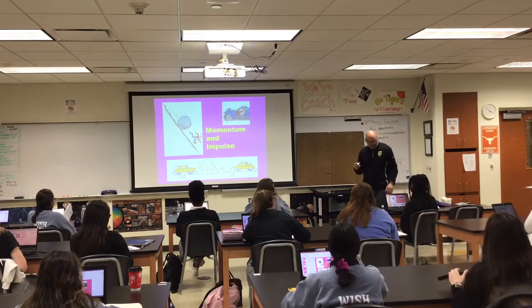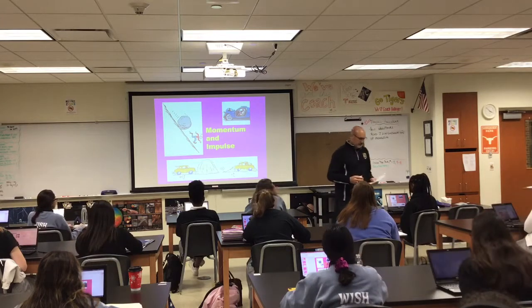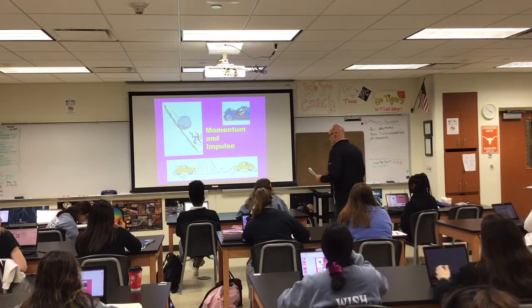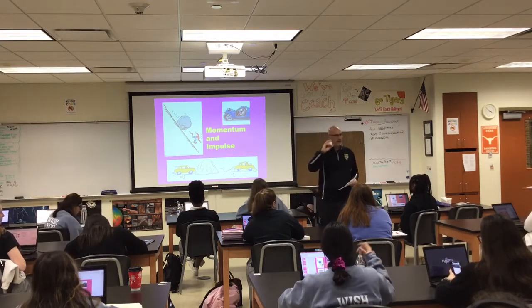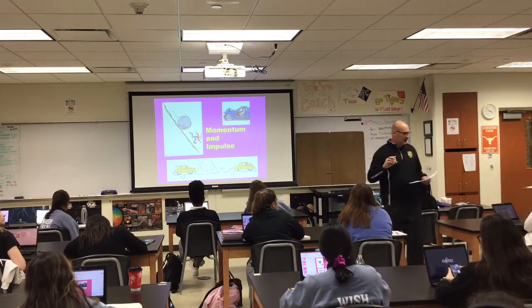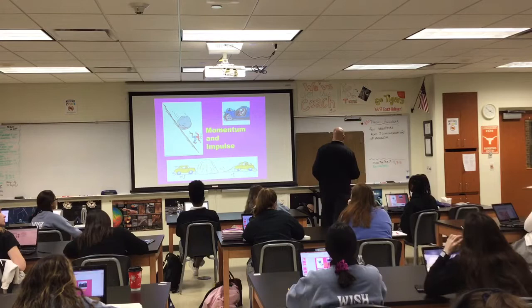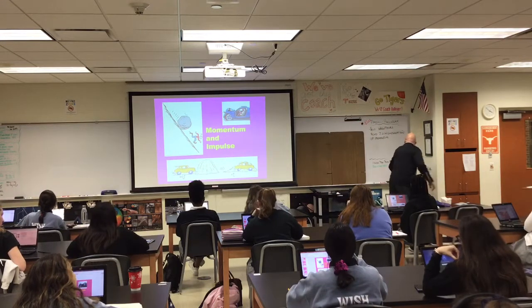So I want to throw it so that I have a 50 mile an hour egg going at that wall, okay? Now let's say I want to change the momentum of this egg to 0. So I want to throw this egg and I want to change its momentum, but first off, let's calculate its momentum right there before we even do anything.